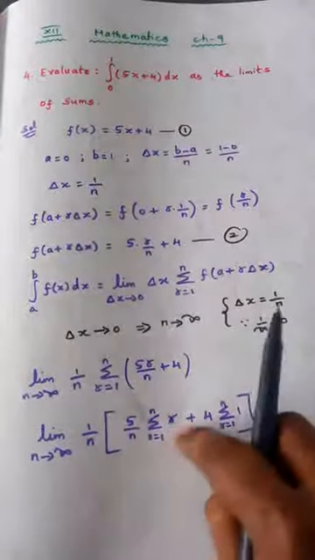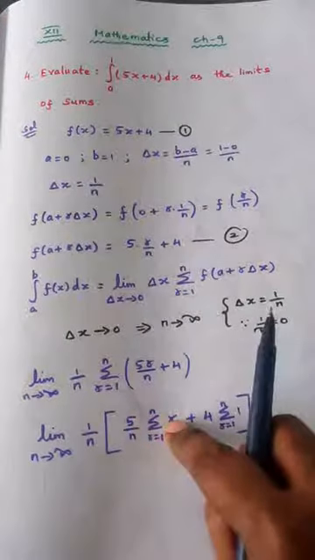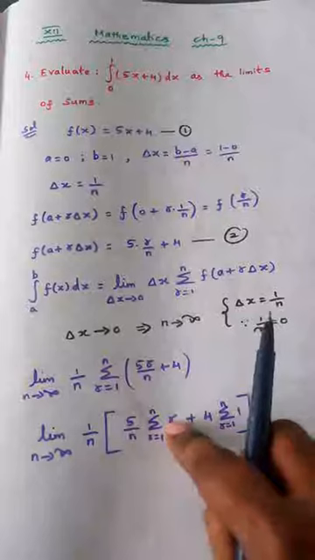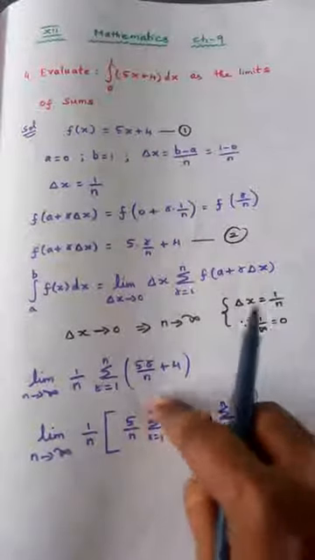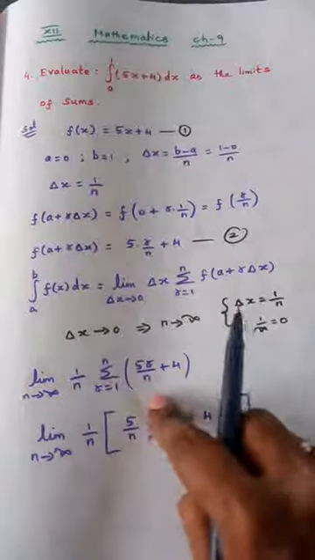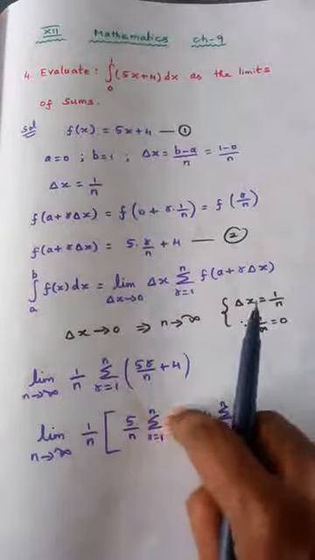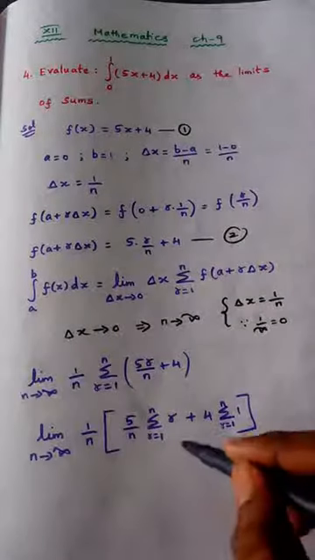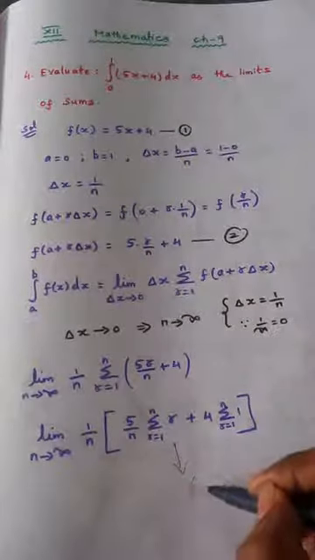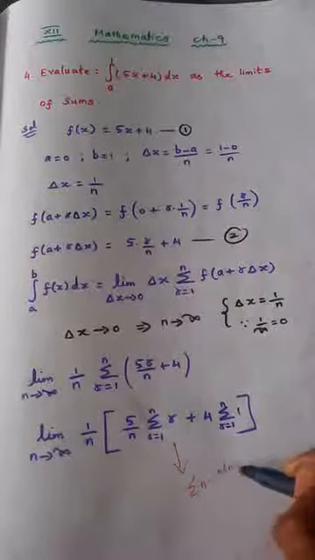What is this? If I substitute r equal to 1, 1 plus next value 2 plus 3 plus 4 plus etc. up to n, which is nothing but the sum of first n terms. So this is sigma n, n into n plus 1 by 2.